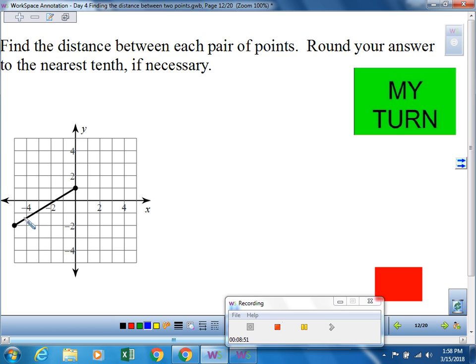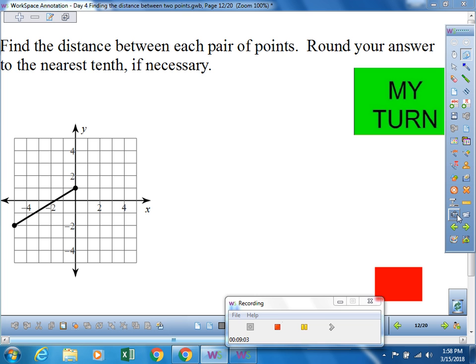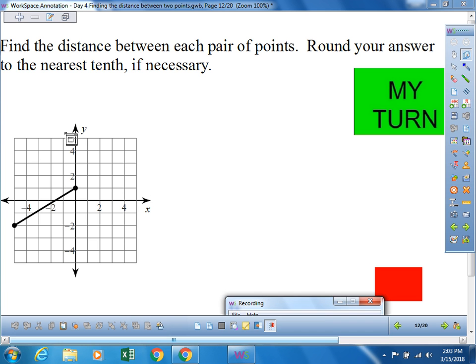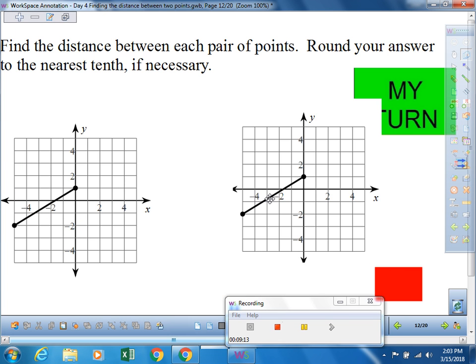Here we have 2 more points. Do you have this one on your note sheet? All right. That's great. I want you to draw a horizontal line through 1 point, and I want you to draw a vertical line through the other point.